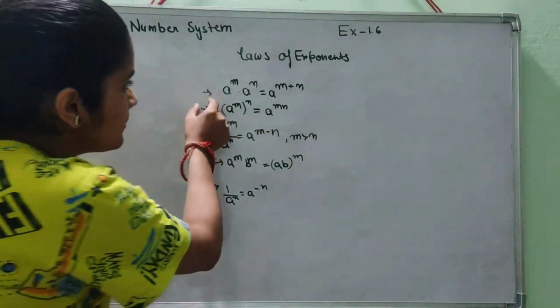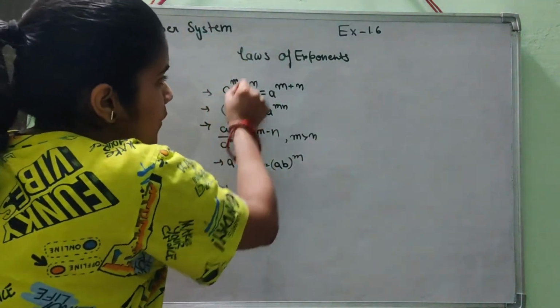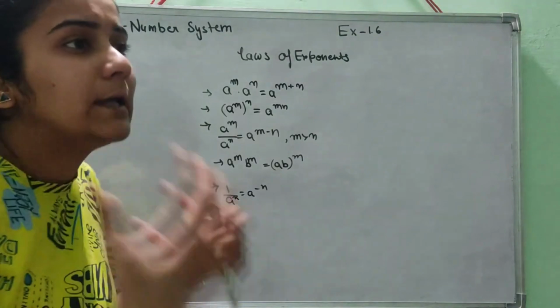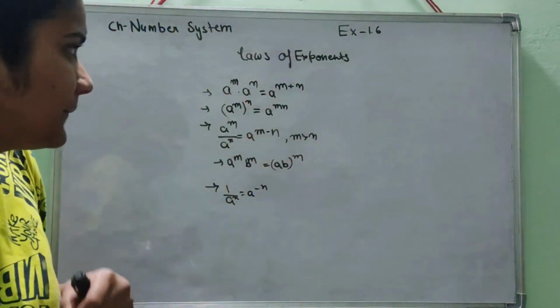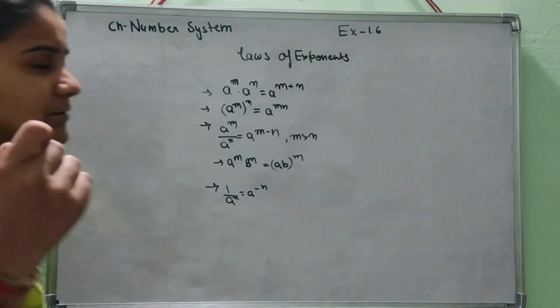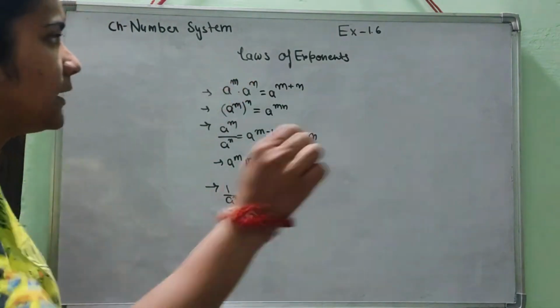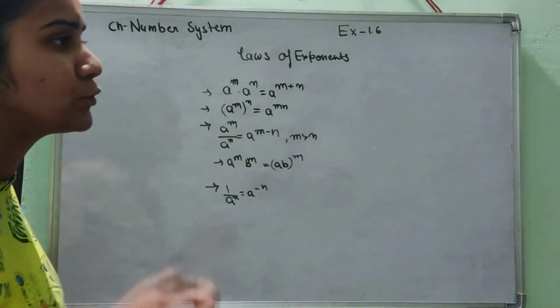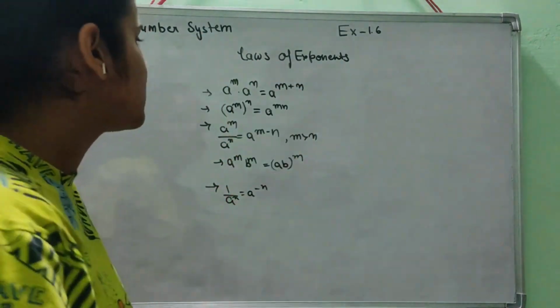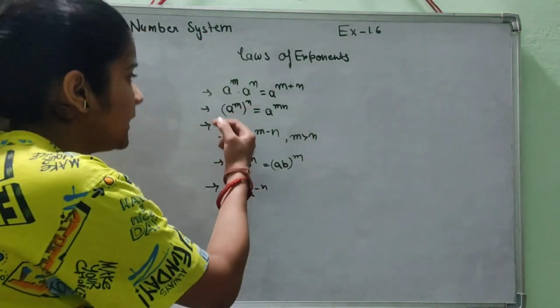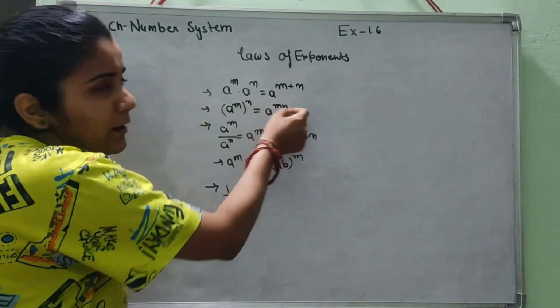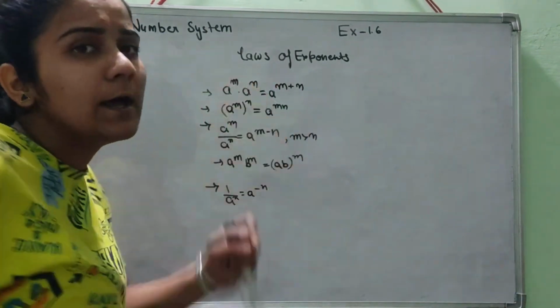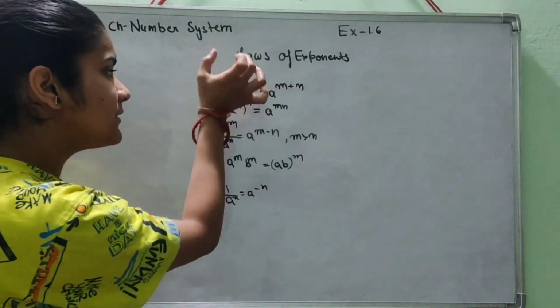A to the power m into a to the power n is equal to a to the power m plus n. The second rule is a to the power m whole to the power n is equal to a to the power m into n, meaning the powers get multiplied here, while in the first rule they were added.